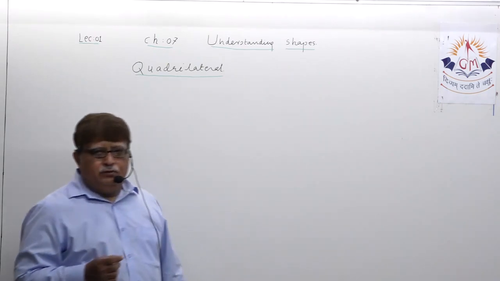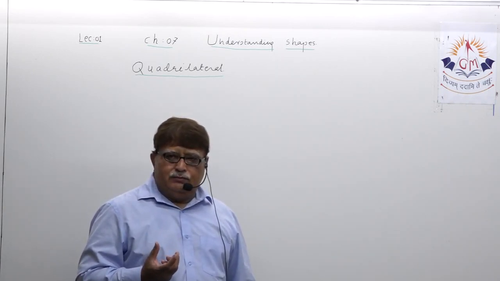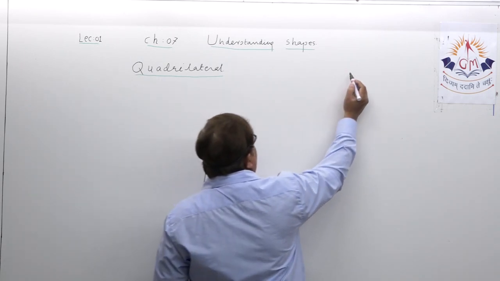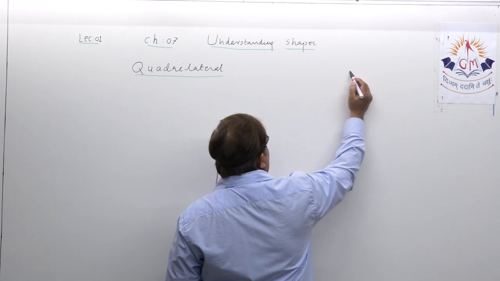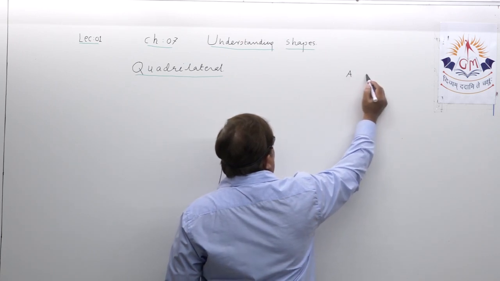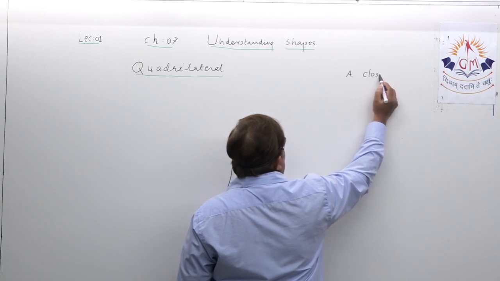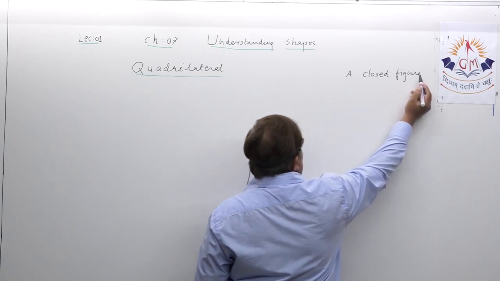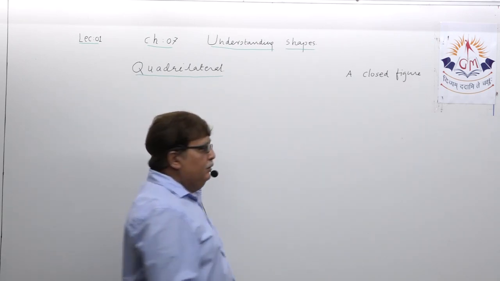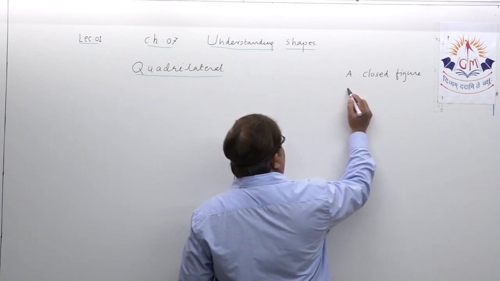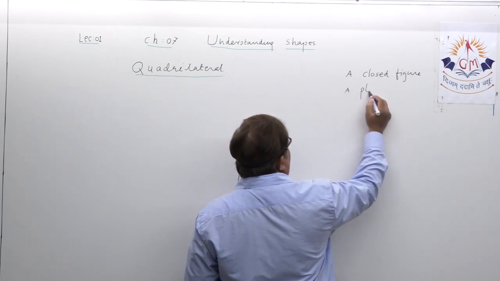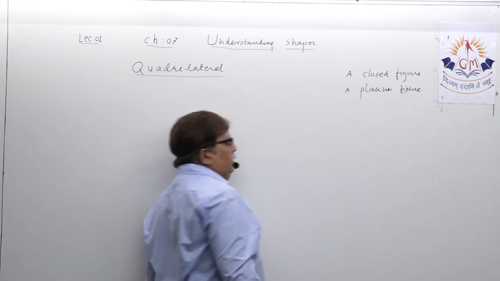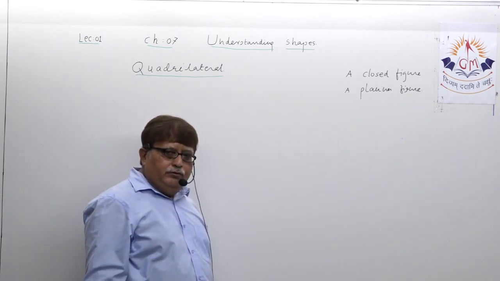You all know one thing very well, that a quadrilateral is a closed figure. Quadrilateral is a planar figure. It is a closed planar figure.